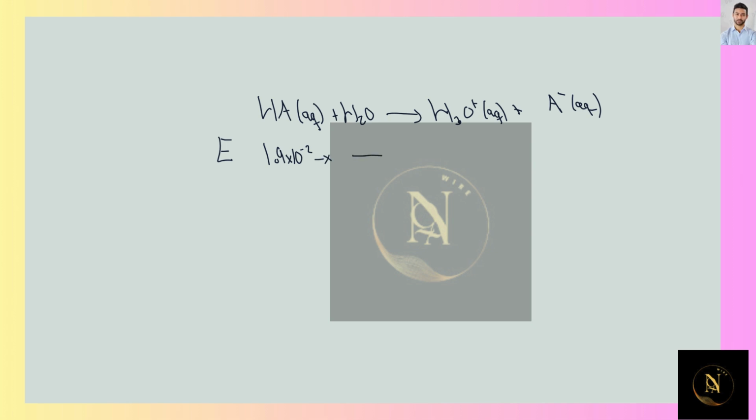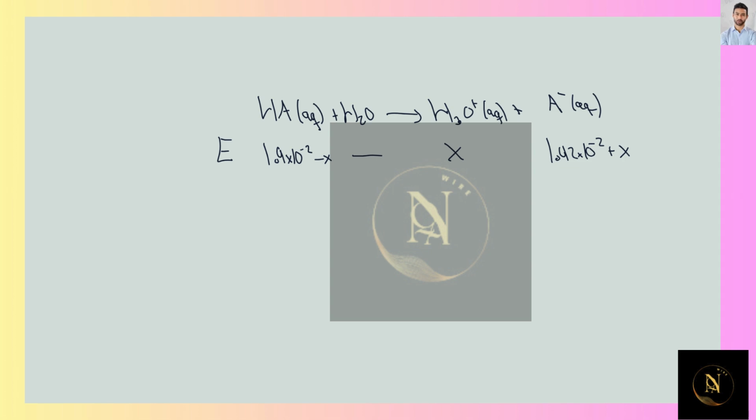We're going to have x of H3O+, and we're going to have 1.42 times 10 to the minus 2 plus x of A minus, because we initially had a certain portion of A minus in my solution.